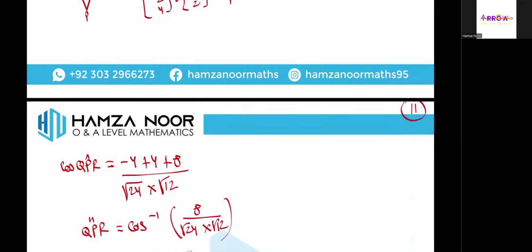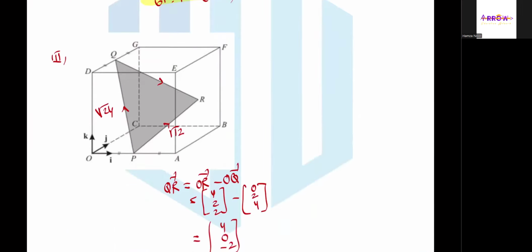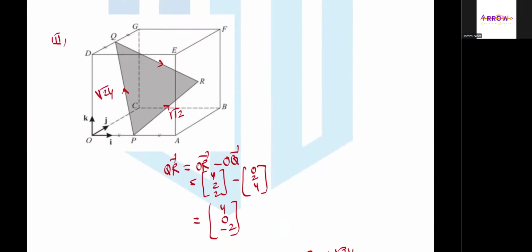So I have found the magnitude of QR. For that purpose, first of all, I'm going to find the vector QR. As we already know the magnitudes of vector PQ and PR, I've just mentioned the magnitudes here. And now I have found the vector QR in the same way I found PQ and PR in part 1, according to the vector subtraction law. So QR will be equal to OR minus OQ.